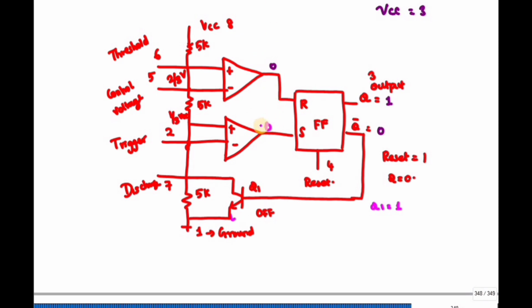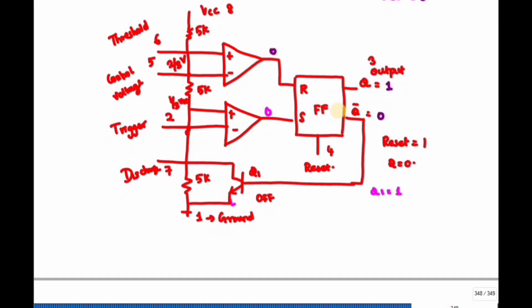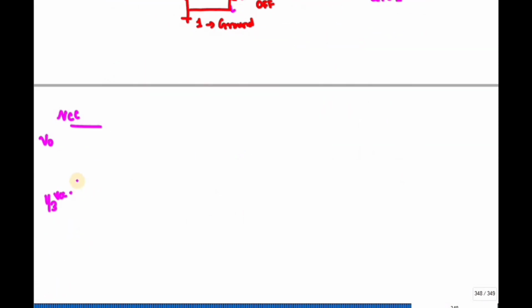This will go to 0, and this will also be 0, so it remains in the same state. The capacitance continues to charge and will reach 2/3 VCC.